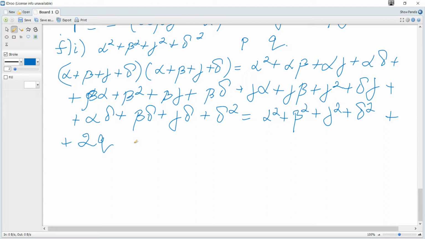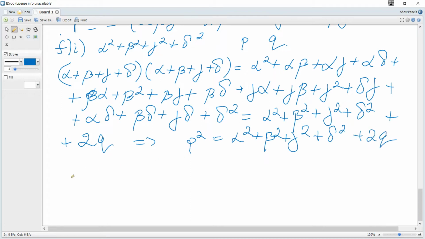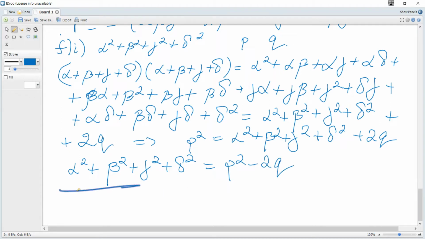And so we get that p squared is the sum of squares alpha squared plus beta squared plus gamma squared plus delta squared plus 2q. Hence the sum of squares alpha squared plus beta squared plus gamma squared plus delta squared is equal to p squared minus 2q.